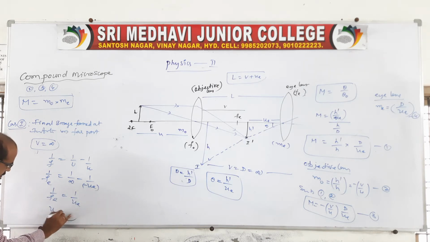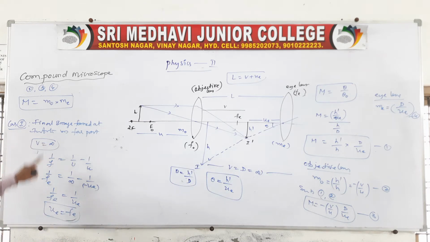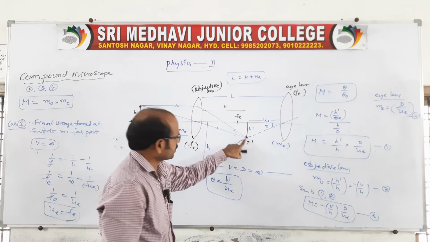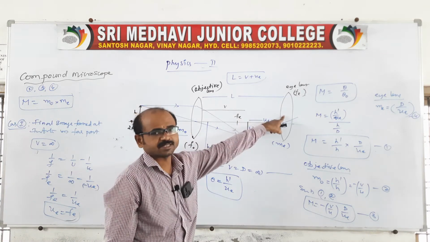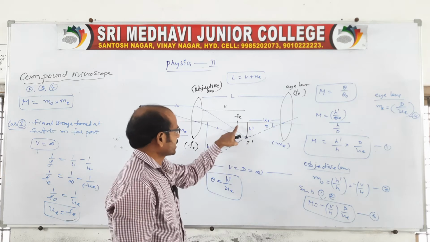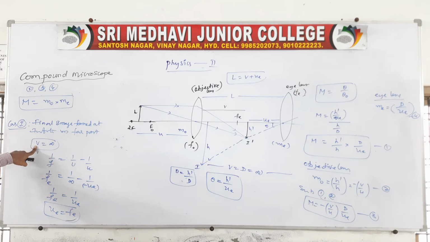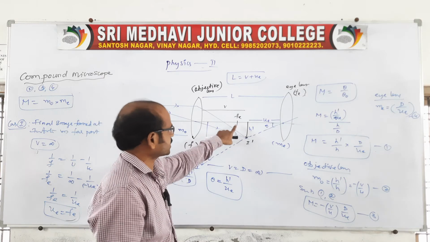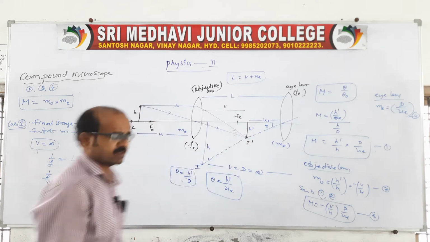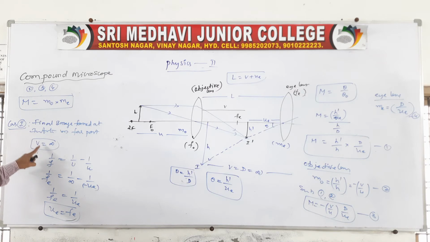Therefore ue is equal to fe. When the image is forming at infinity, the object will be at the focal length of the eye lens. When the object is at the focal length of the eye lens, the image will be formed at infinity. This is the conclusion, you remember; it is the rule. This is because of the eye lens we are saying, not the objective lens. This is case 1, clear?